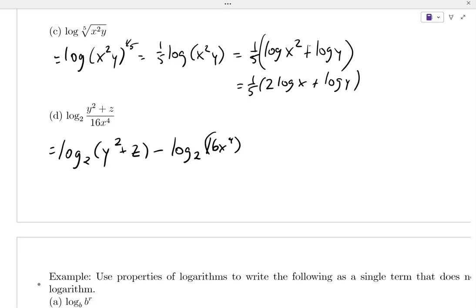Okay, so does that 4th power apply to the 16 though? Yes. Yeah, so 16x to the 4th, I would do the x to the 4th, but not to the 16, right? So I need to do something first before I bring the 4 down in front. What do we need to do first? It's 16 times x to the 4th.